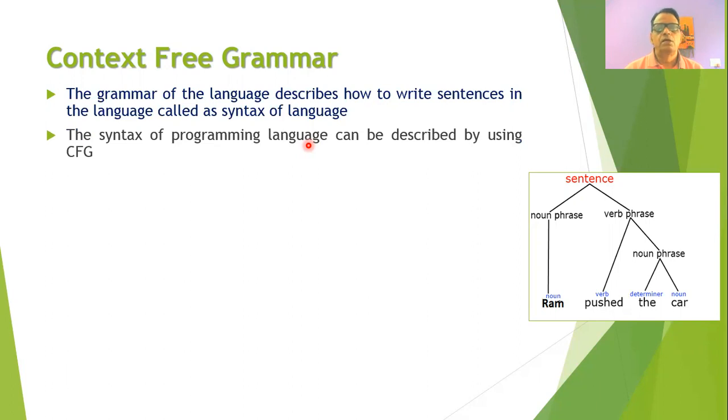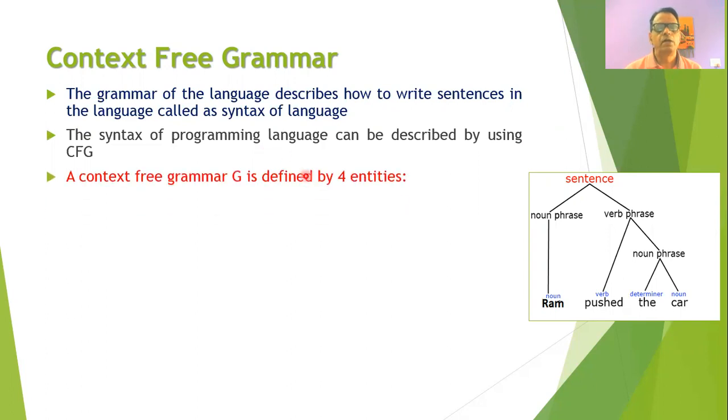Programming languages also have some grammatical rules associated, and this set of grammatical rules is called the syntax of the programming language. The syntax of the programming language can be described by a grammar, and this grammar is called the context-free grammar or CFG.